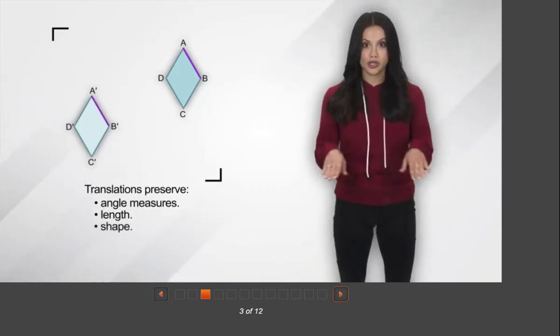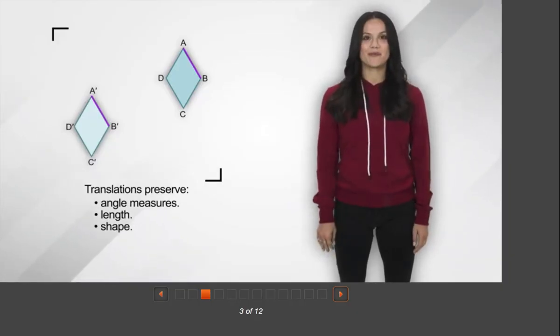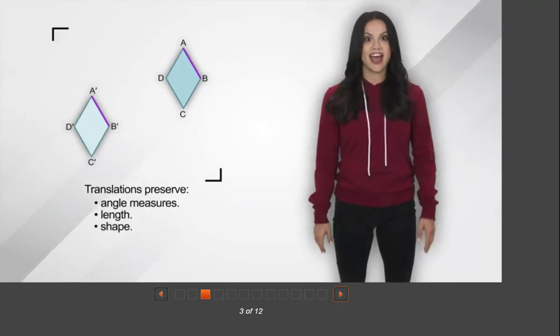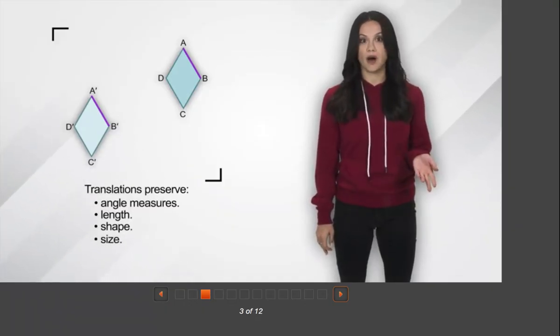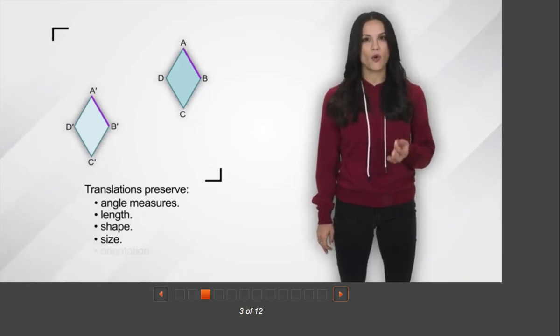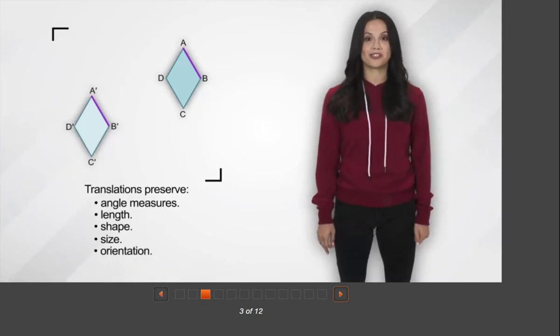The shape also stays the same. You can see that both of these shapes are rhombuses and the same size. The shape hasn't gotten larger or smaller. Lastly, the orientation stays the same. That means the shape doesn't rotate or do any backflips.